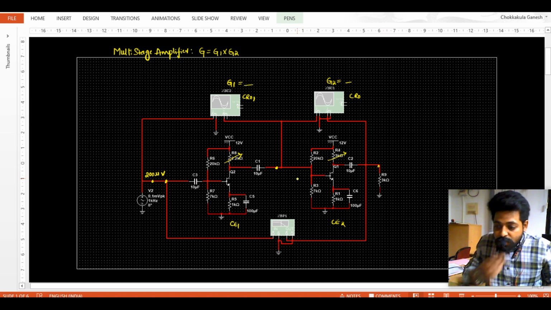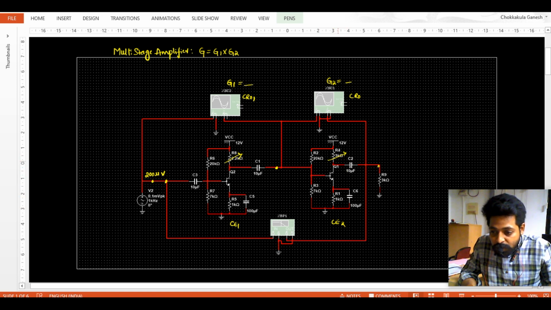Over here, for the theoretical calculation, first of all we calculate the gain for this stage. As we know, 3 kilo ohms is connected over here, and 3 kilo ohms in parallel with 3 kilo ohms is 1.5 kilo ohms. That is the pull-up resistance, and this total network is grounded, so the dynamic resistance of the transistor itself is considered as the pull-down resistance.